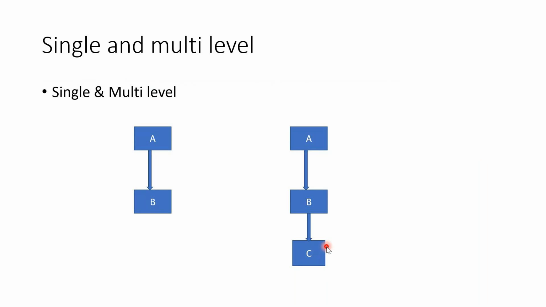Later on, I established a relationship between B and C, so B has become the parent for C. The child relationship between these classes gives me the advantage of accessing the data from class A also.